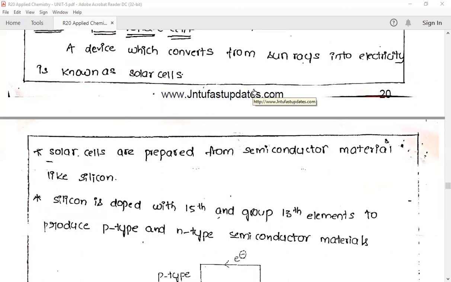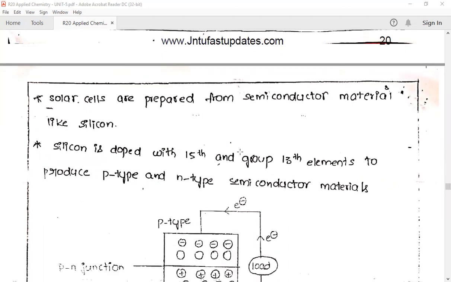It is a form of photoelectric cell which, when exposed to light, can generate and support an electric current without being attached to any external voltage source.